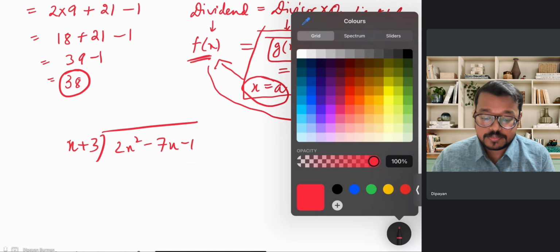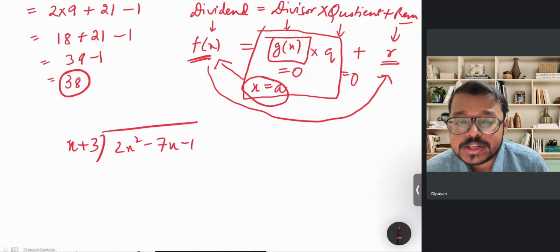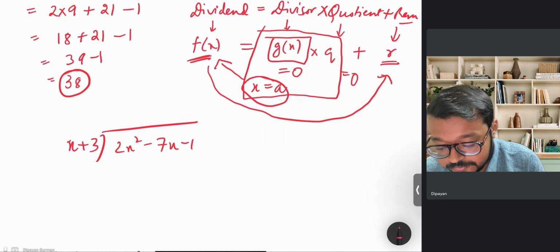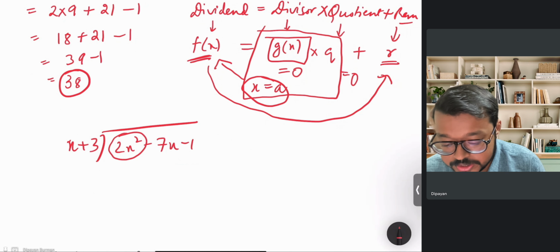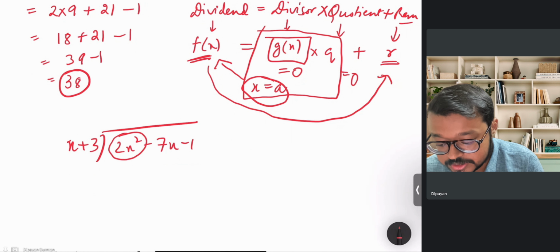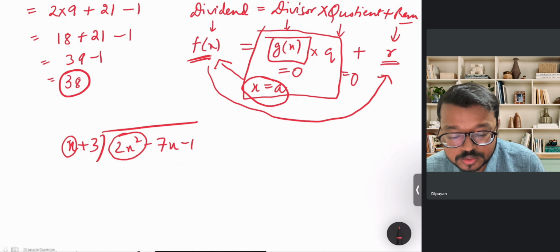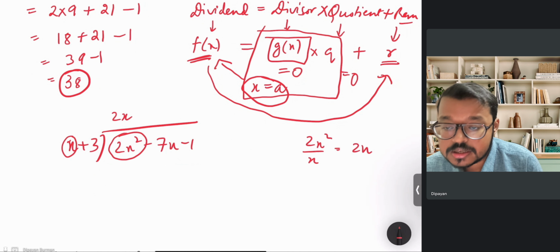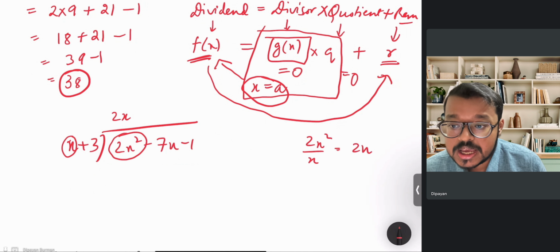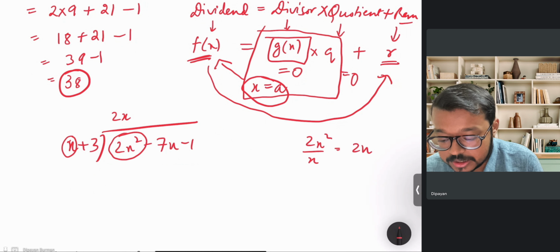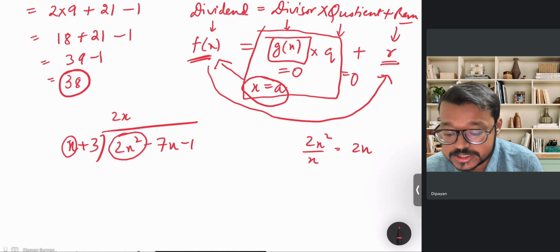So when we are doing long division, we set up like this. Now the first term in my dividend is 2x square, and the first term of my divisor is x. So 2x square by x is 2x. So my first term in the quotient is 2x, and I multiply 2x with the entire divisor, x plus 3.